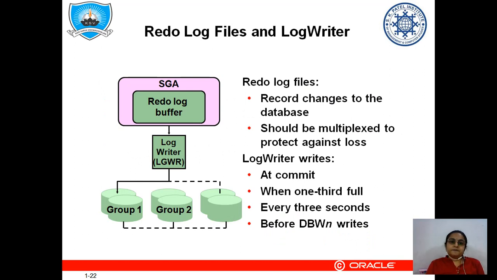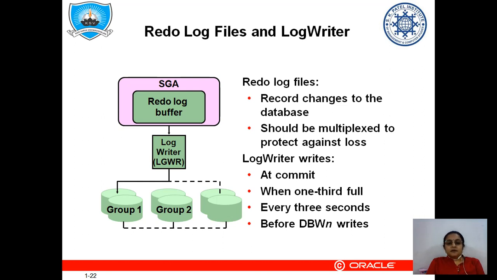Let's proceed. Redo log file and log writer. The redo log records changes to the database and should be multiplexed to protect against loss. It is used for the recovery process. Log writer writes at commit, when the buffer is one-third full, and every 3 seconds, before DBWn writes.